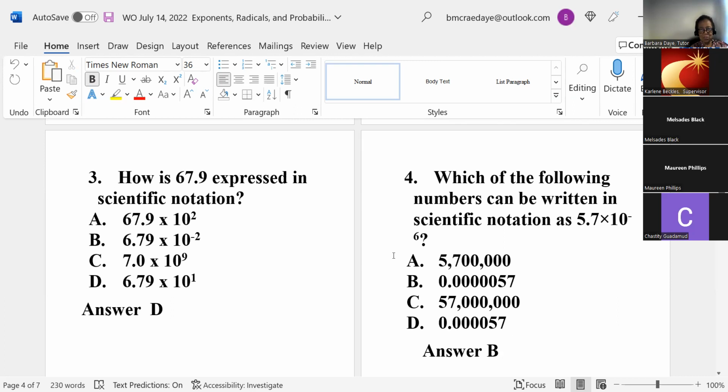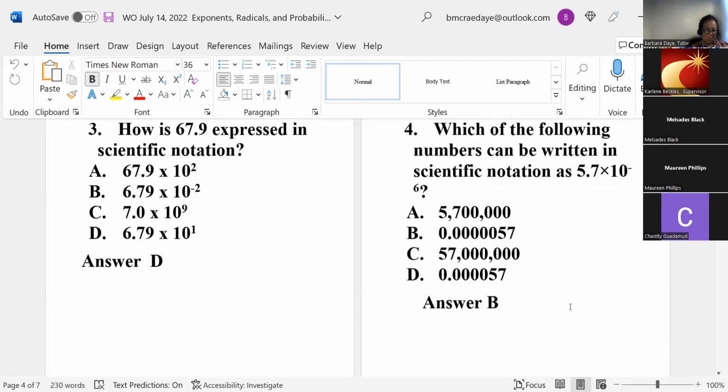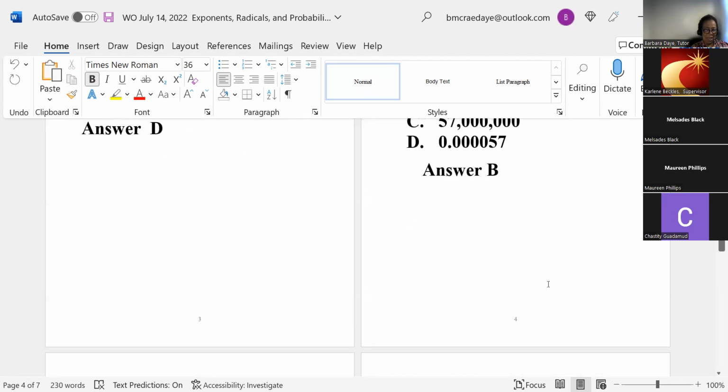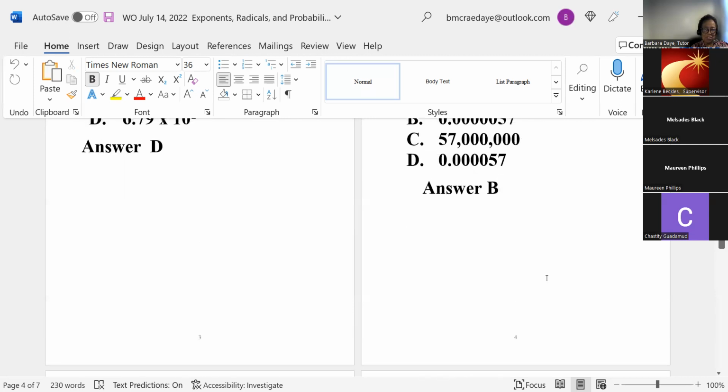Moved it to the right, negative exponent. Maureen, is that clear? Yeah. Okay, so I don't want to hear you say I don't have a clue again, because there are some rules here and we're just following those rules, right? Yeah.